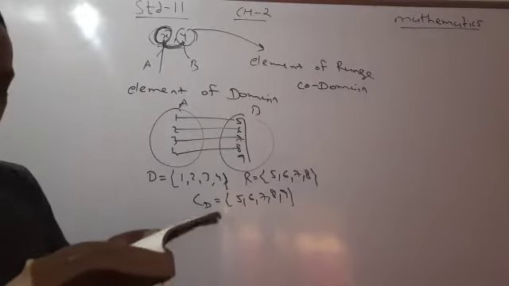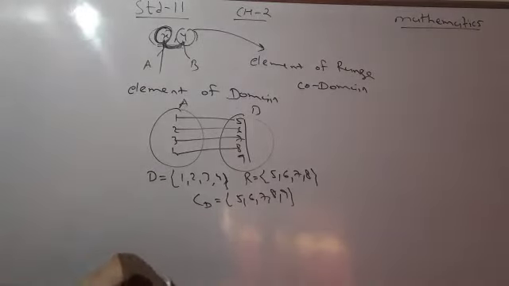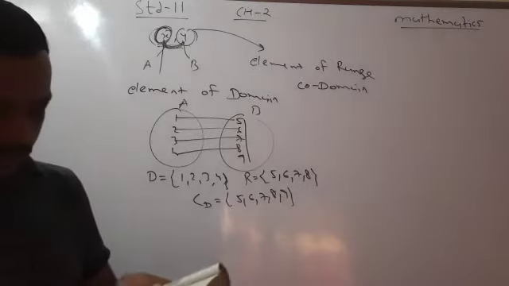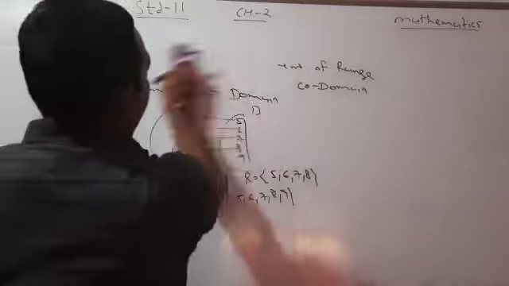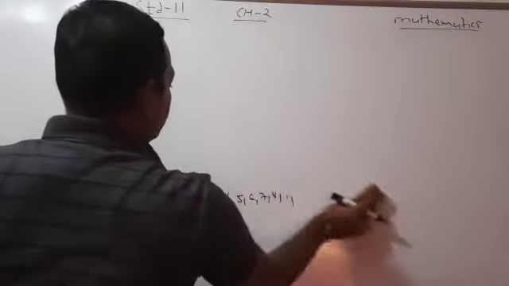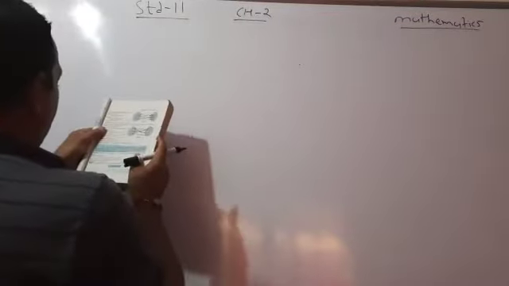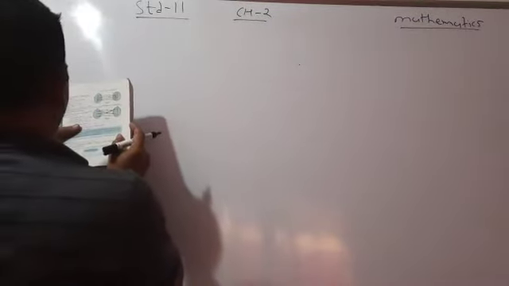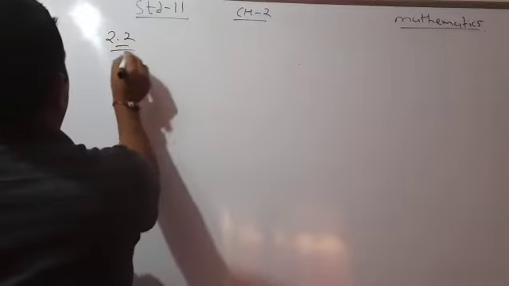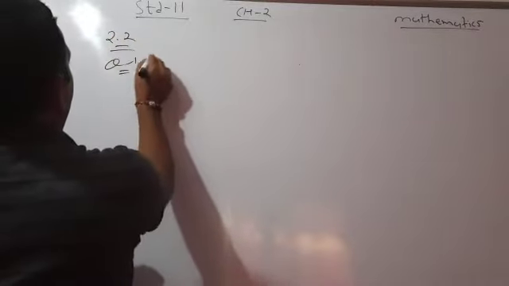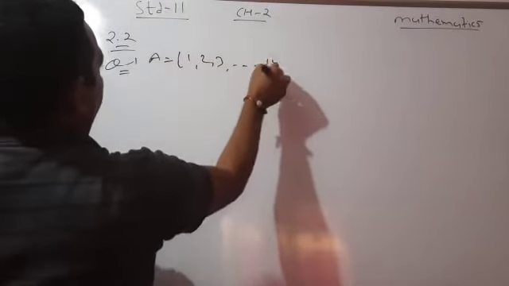Now we'll continue with the question. Usually we can write the relation in Cartesian form. Now we'll start with the first question of exercise 2.2. Now first question, let A be 1 to 14: 1, 2, 3, dash, dash, dash, 14.